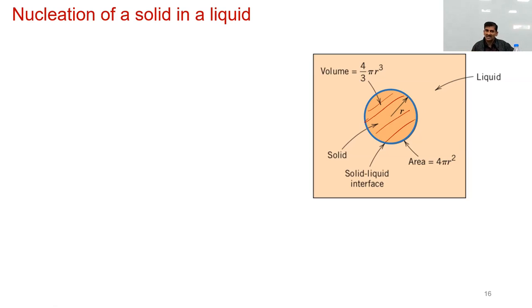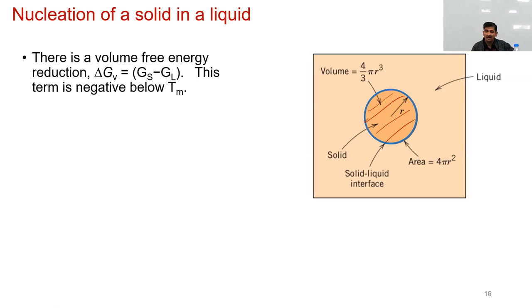If we are below the melting point, there should be a volume free energy reduction associated with the formation of this cluster, right? So the cluster formation would lead to some delta GV, which is the difference between the solid and the liquid free energies. And this term is negative because we are below the melting point.